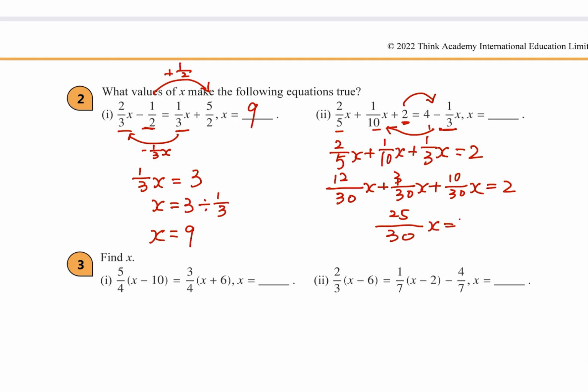Okay, so if you simplify what's on the left-hand side, it's 5/6. So 5/6 x is 2. Then x is just 2 divided by 5/6, or 2 times 6/5. And that would give us the answer of 12/5.